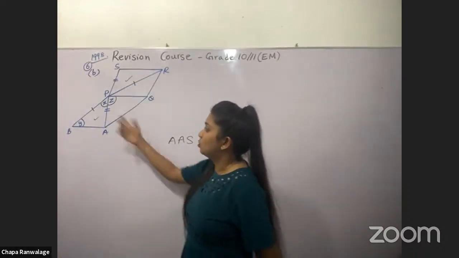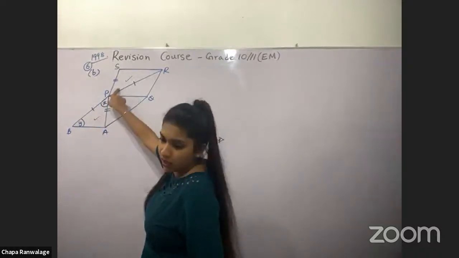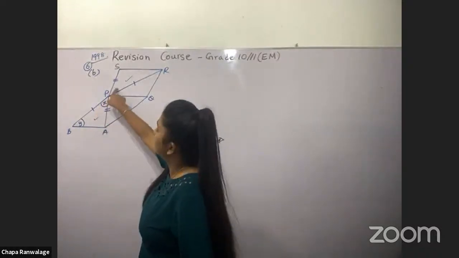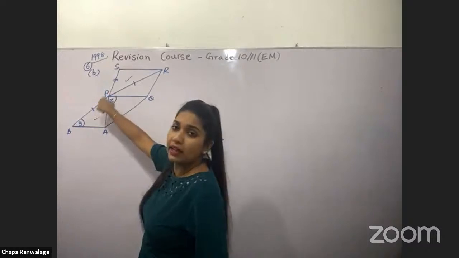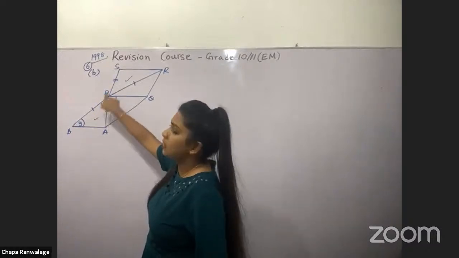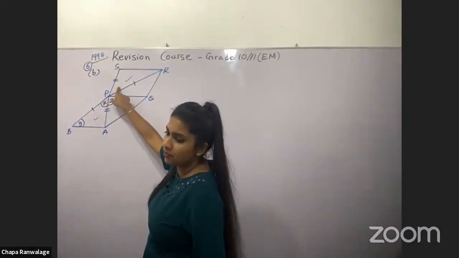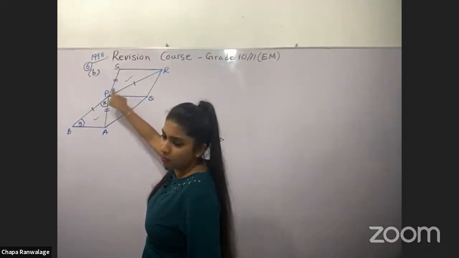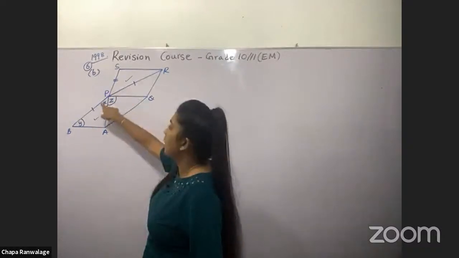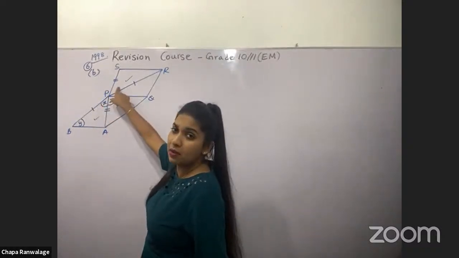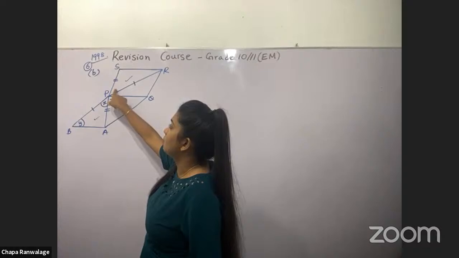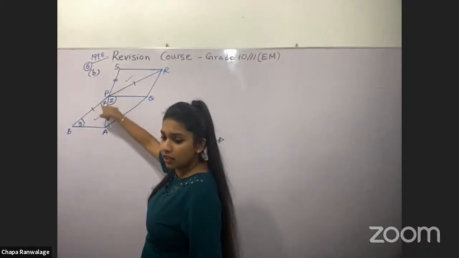Here you cannot say this one is equal to this one because they are vertically opposite angles. Are they vertically opposite? This one is located in front of this angle. So are they vertically opposite?